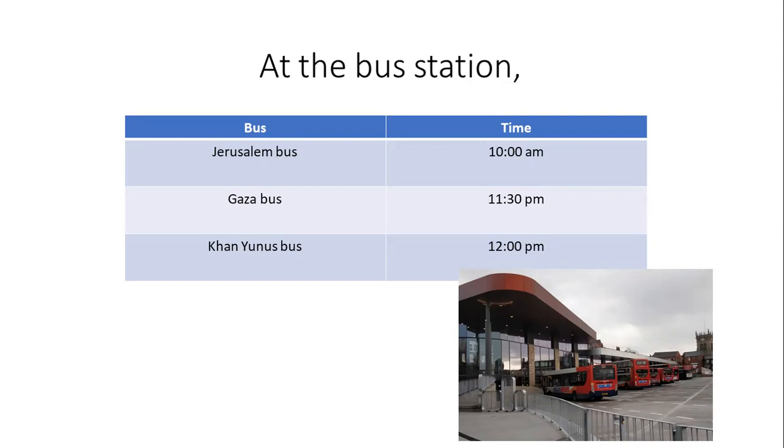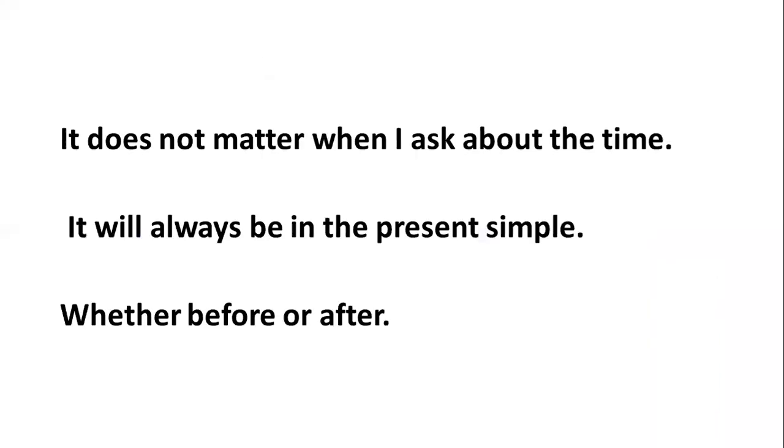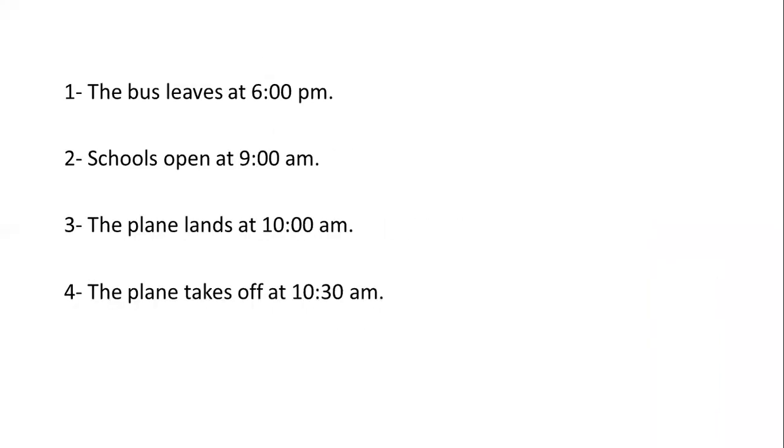Now, if I want to express this idea, how do I express it? I say the bus leaves at 6 p.m. Schools open at 9 a.m. The plane lands at 10 a.m. The plane takes off at 10:30 in the morning or a.m. What's in common among all of these sentences?